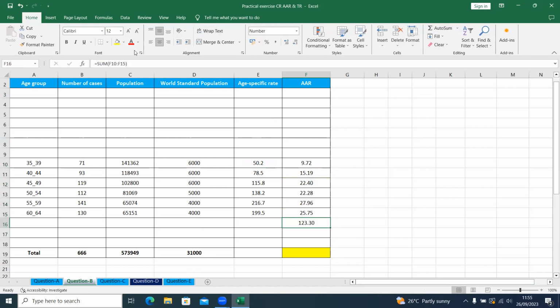So the answer is 123.3. Truncated rate is 123.3. Is this clear? Why have I mentioned 31,000 here? Is there any doubt about how to calculate truncated rate?